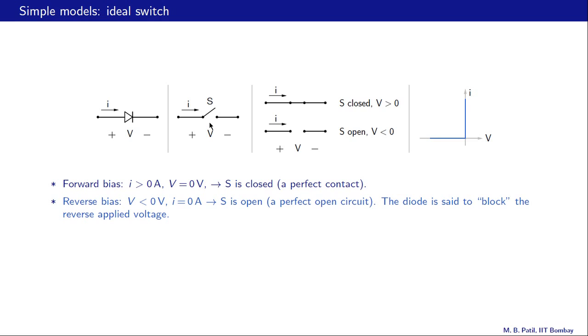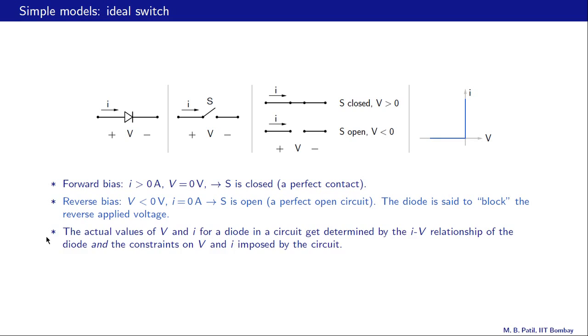This switch S is closed, that is, it makes a perfect contact. Under reverse bias, the diode voltage is negative as shown here, and the current is 0. That means the switch S is open, that is, it's a perfect open circuit. And the diode is then said to block the reverse applied voltage.